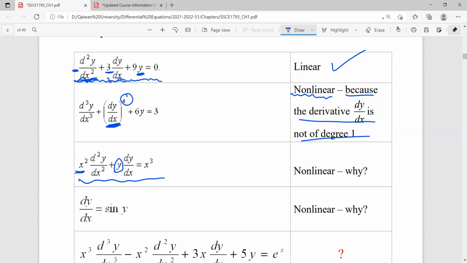If we have a dependent variable which is multiplied by derivatives, we say that differential equation is not linear. Why? Since y is the coefficient of dy by dx. This is the reason.